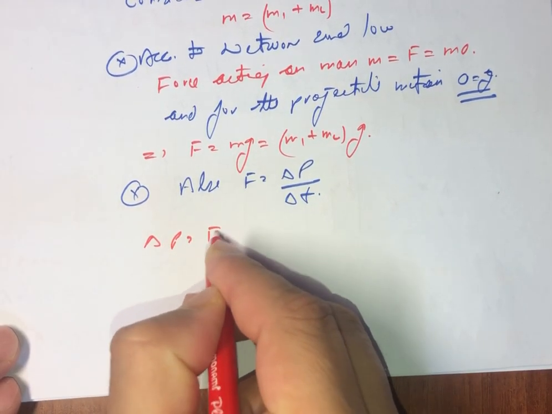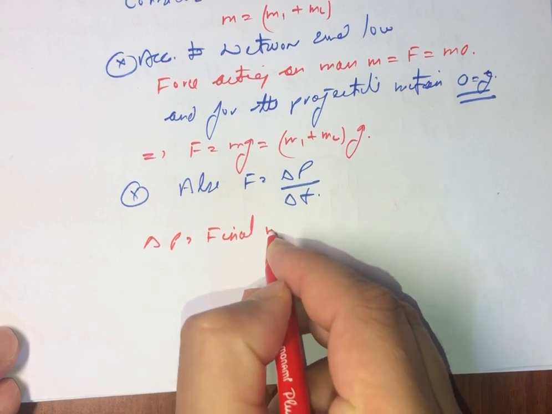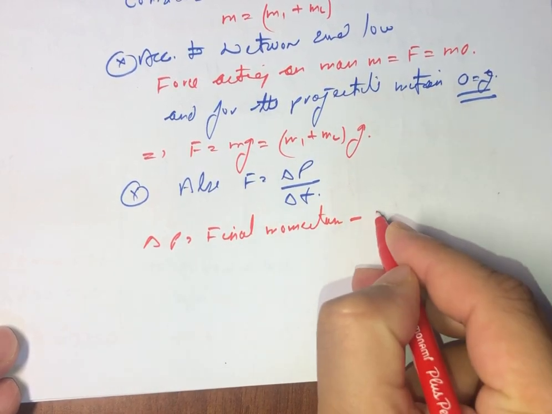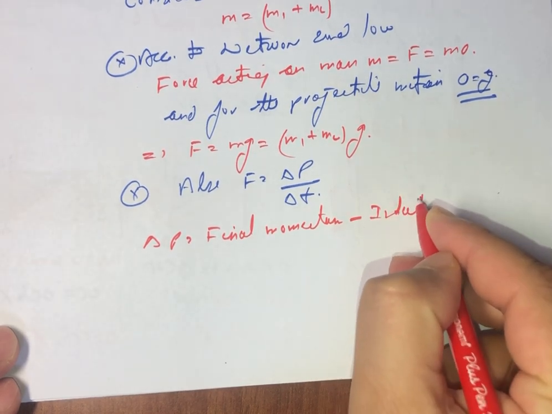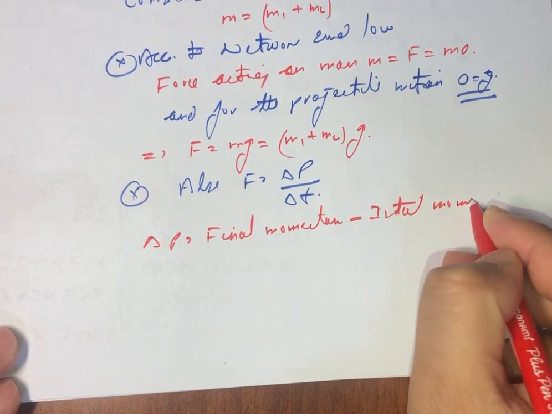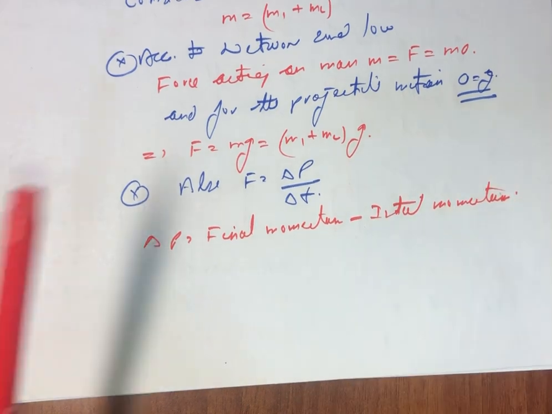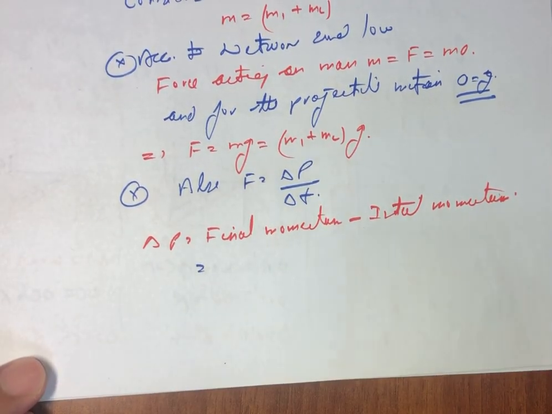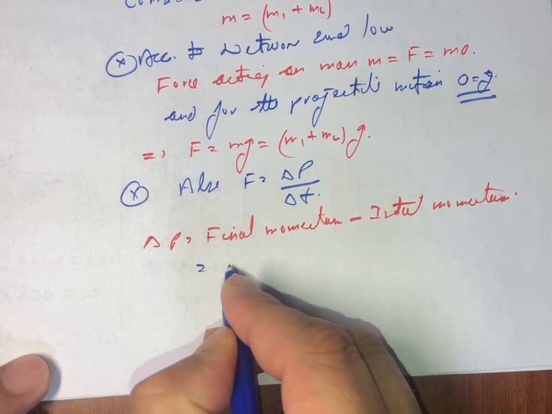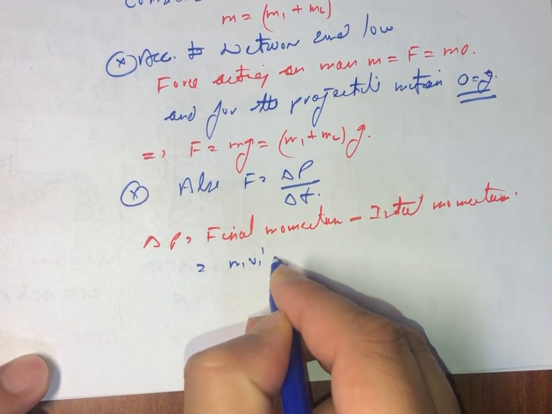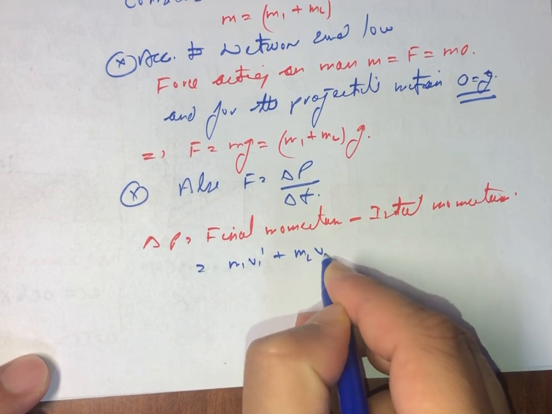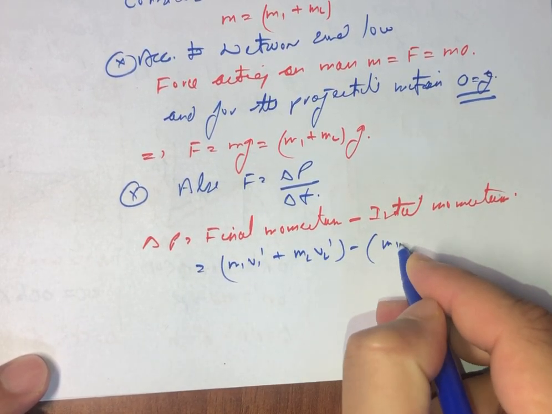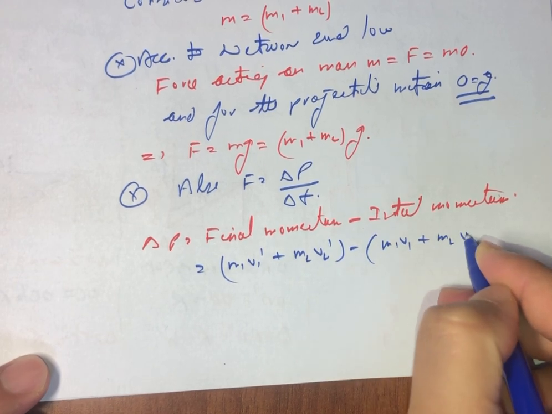Delta P is final momentum minus initial momentum. Therefore, we can write the final momentum will be m1 v1 prime plus m2 v2 prime minus m1 v1 plus m2 v2.